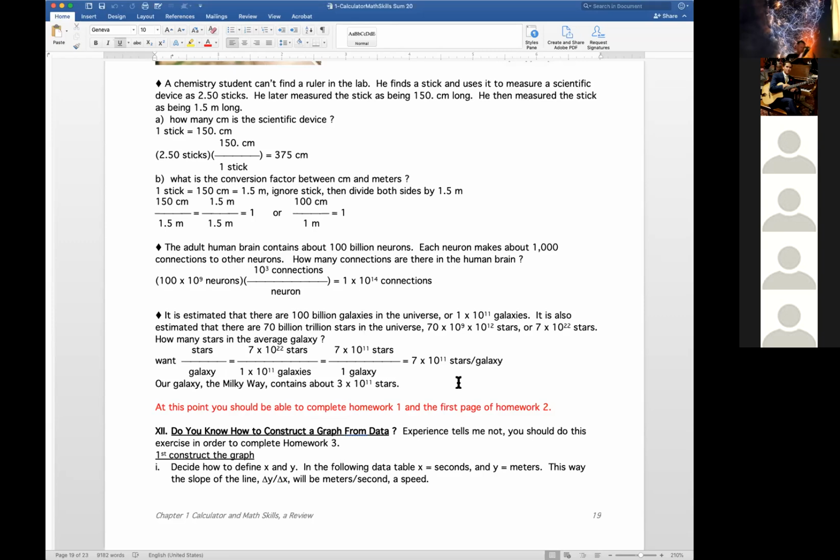By the way, from this estimation, there's about 7 times 10 to the 22 stars in the universe. And what was a mole again? What was Avogadro's number? 6.022 times 10 to the 23. I'm hoping you're getting a perspective here. If I go to the periodic table and look at these numbers again, for hydrogen the number right there is 1.00794.